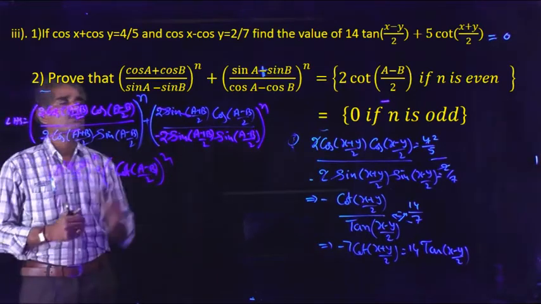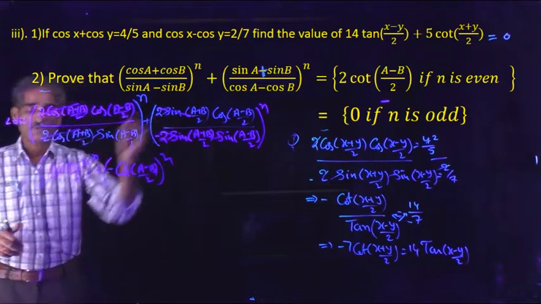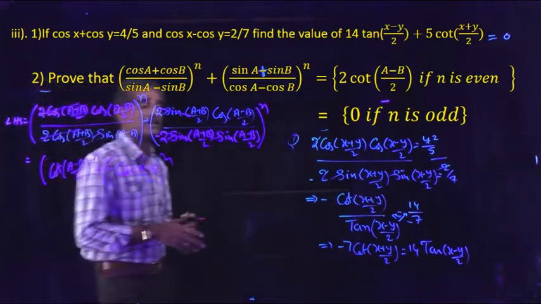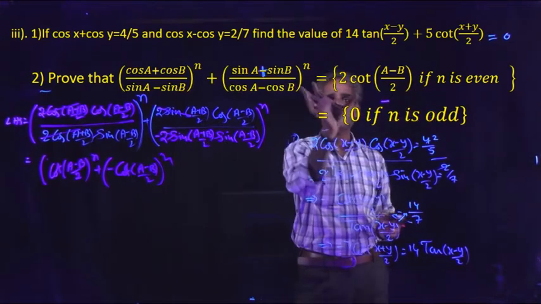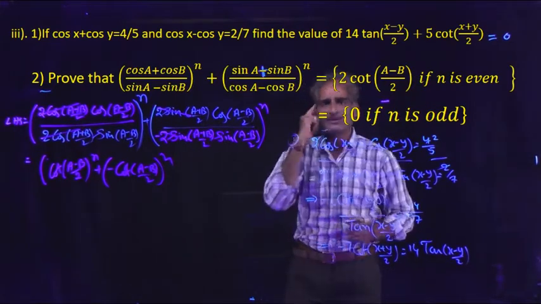Okay, now come to the two cases. For the first case he is asking this required one: if n is even, then this is the answer. If n is odd, that is equal to 0.